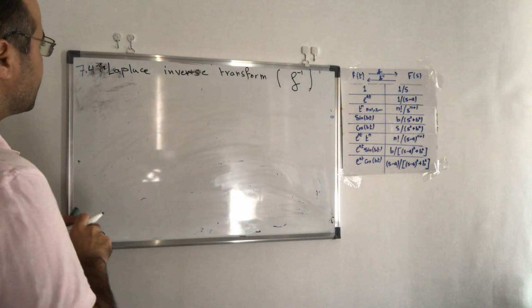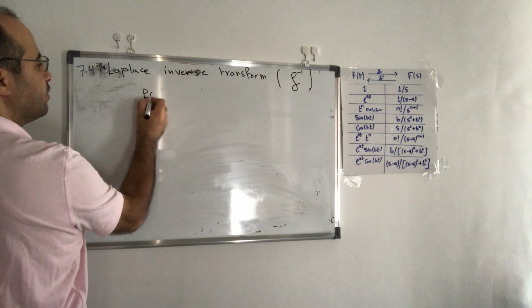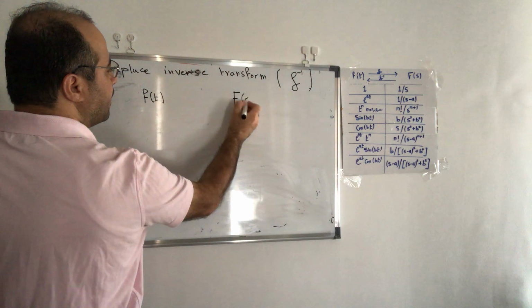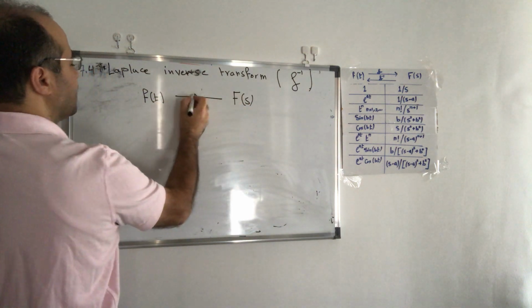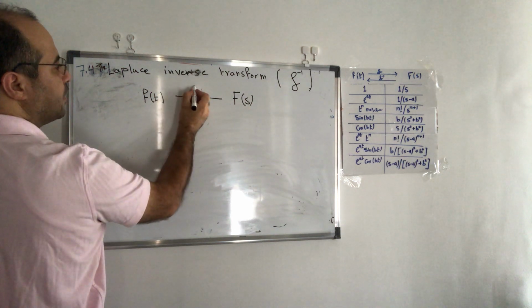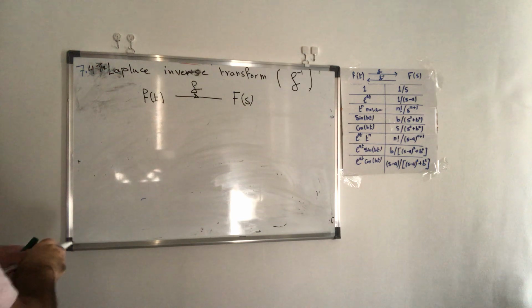Now let me tell you the story. In the past, I was giving you f of t and asking you for F of s. So I give you a function of time, I ask you for a function of frequency, and you were using Laplace. Now we are changing the thing.